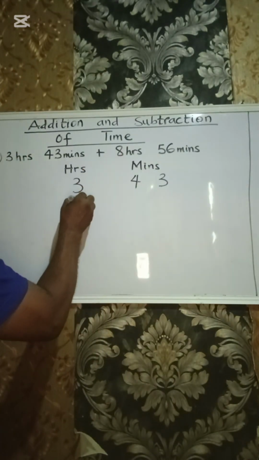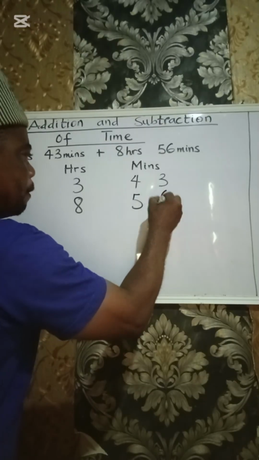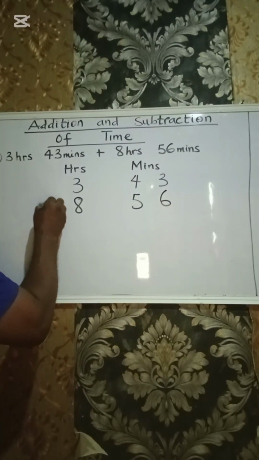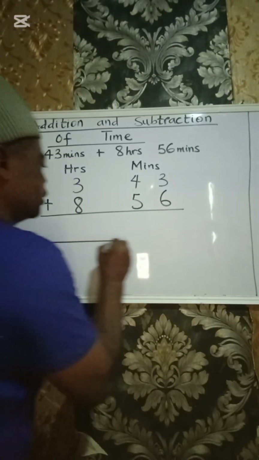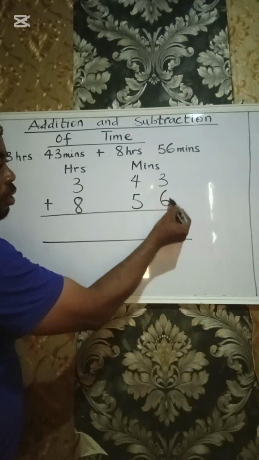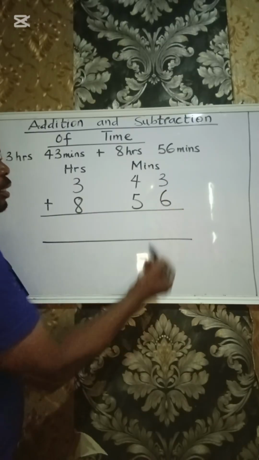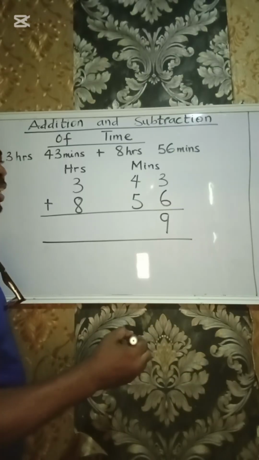Now this one, 8 hours, and 56 minutes. We are adding now. So we have 6 plus 3, or 3 plus 6. That will give us 9. Yes, 9 can actually stay here.